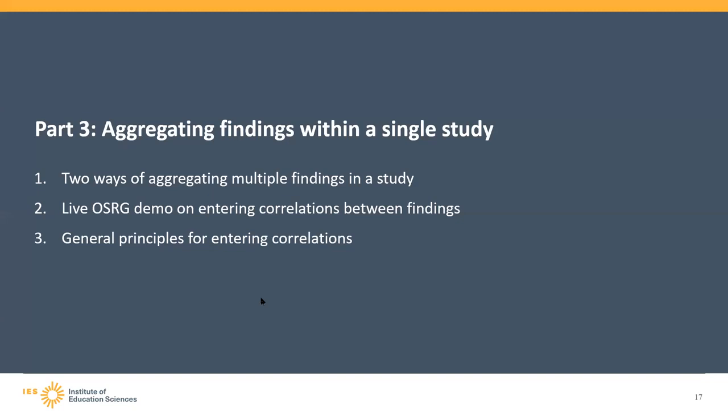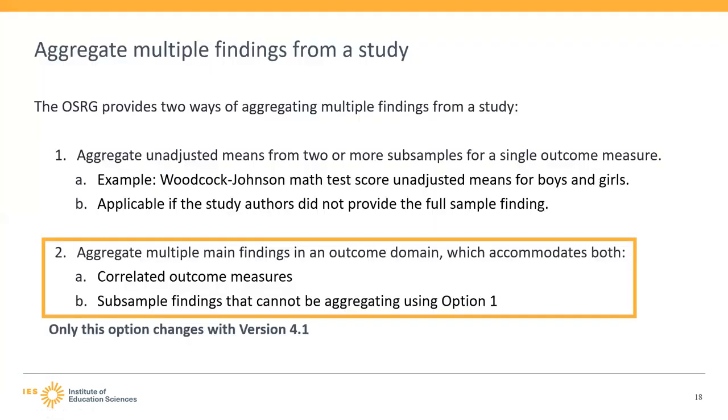All right, now we will demonstrate the version 4.1 changes for aggregating findings within a single study, which was one of the more complex user-facing version 4.1 changes. The OSRG provides two ways of aggregating multiple findings from a study.